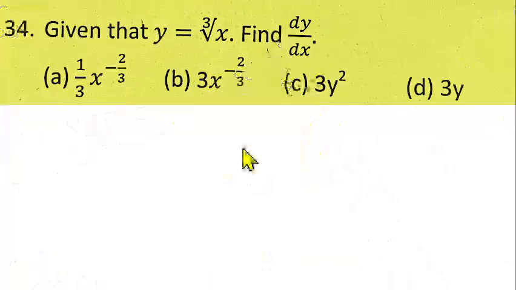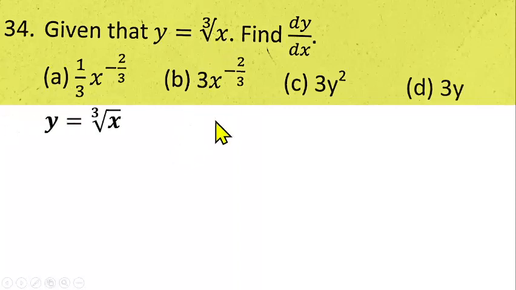Question number 34, we are given that y is equal to the cube root of x. You have to find dy/dx. So it's very simple as well. We are differentiating this function. So y is equal to cube root of x. This will not be possible unless we change it to index form. So that gives us y is equal to x raised to power 1 over 3, which is the same as cube root of x.